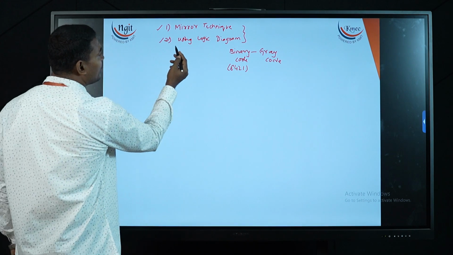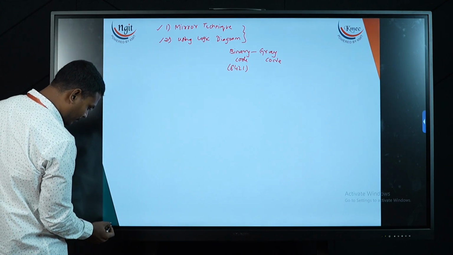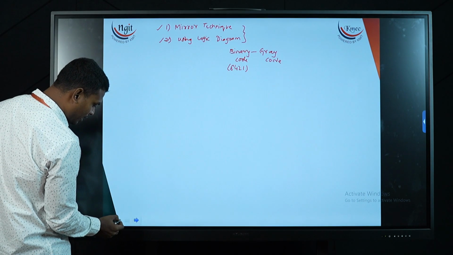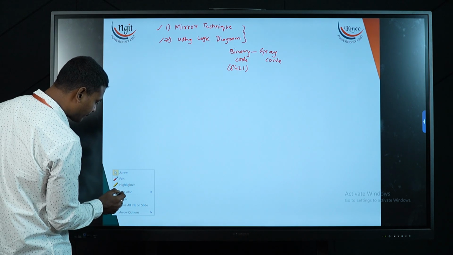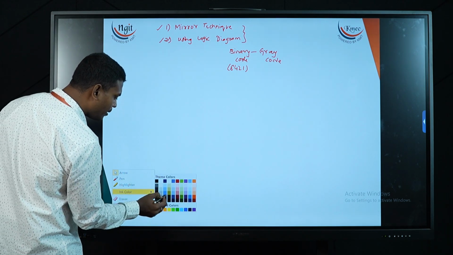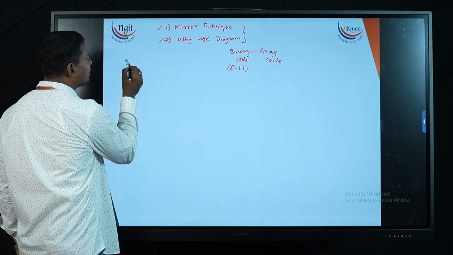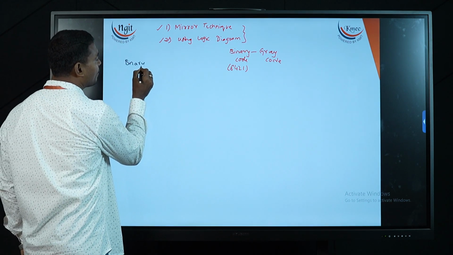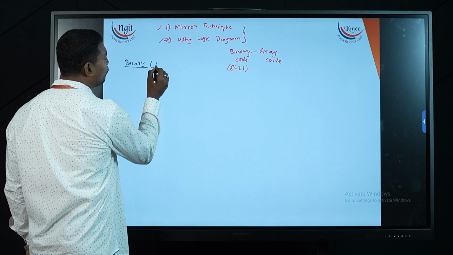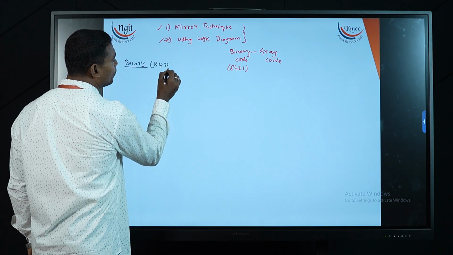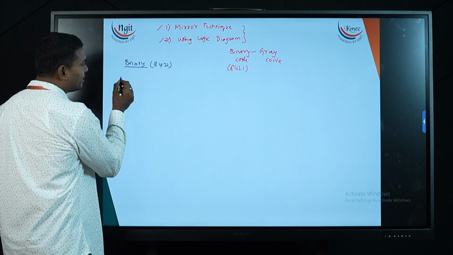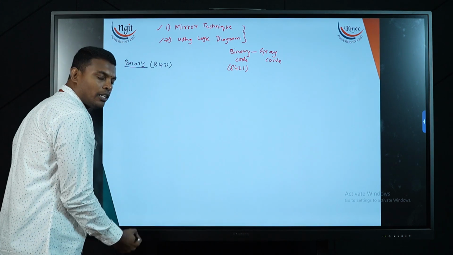I am taking my mirror technique first. On the left hand side I am going to represent my binaries first, that is the 8421 code for all the numbers.